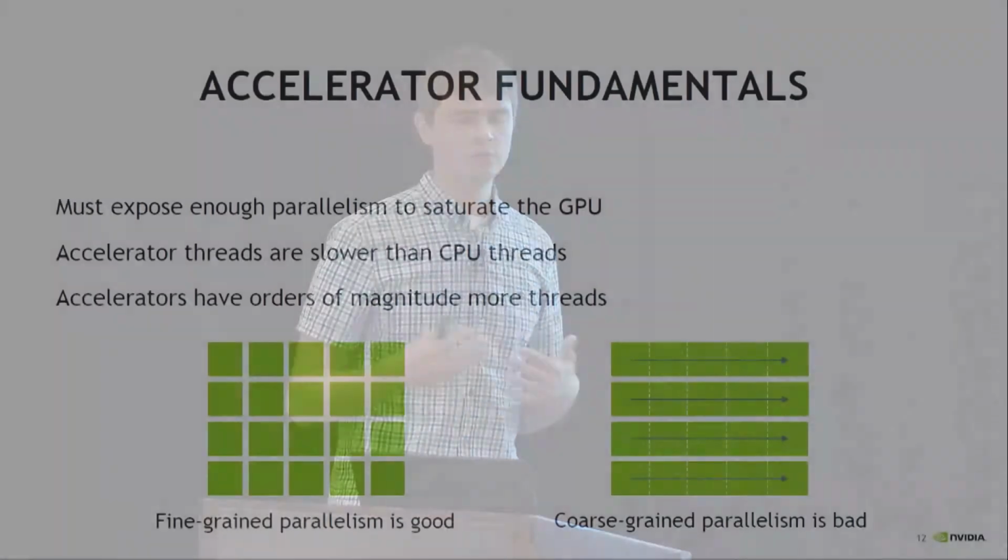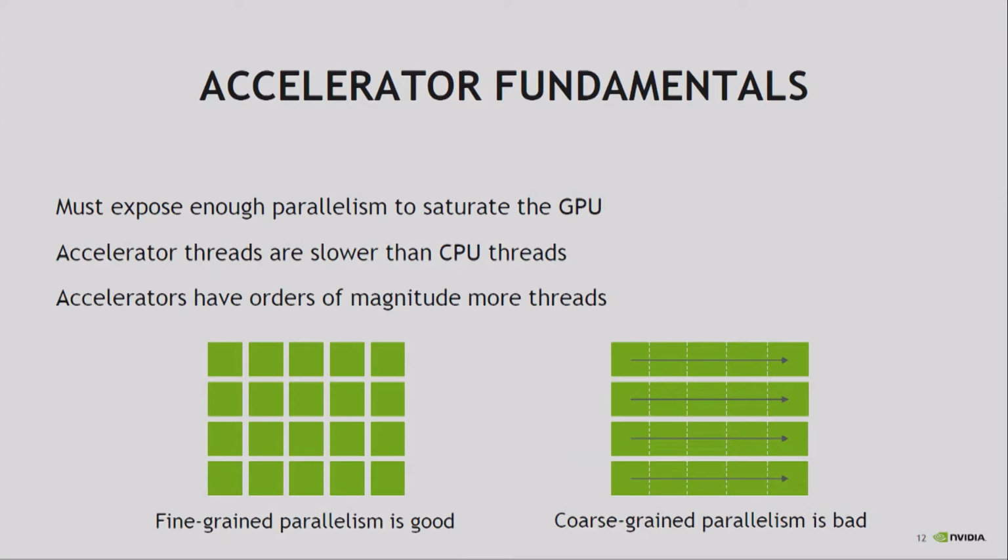Another idea is, of course, that to hide this latency you need a lot of threads, a lot of warps to switch between. Because of that, if you develop a program that doesn't have a lot of parallelism, you probably won't get good performance on a GPU.